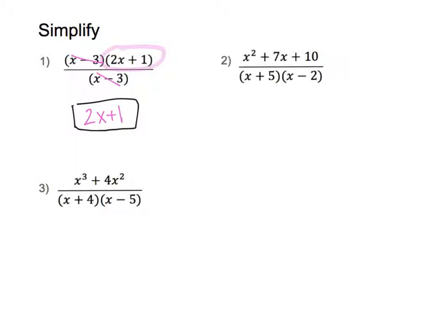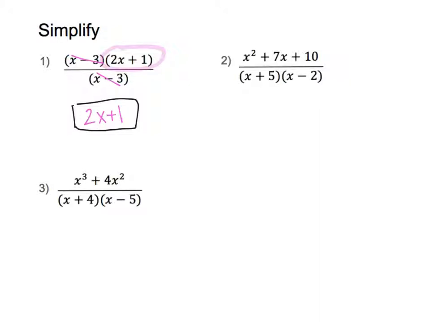Okay, so now we're going to take a look at part 2. Part 2 here is not as explicit. The bottom factors are already written as factors, which is nice, but the numerator isn't. When I'm looking at the numerator, I notice that it's a quadratic.